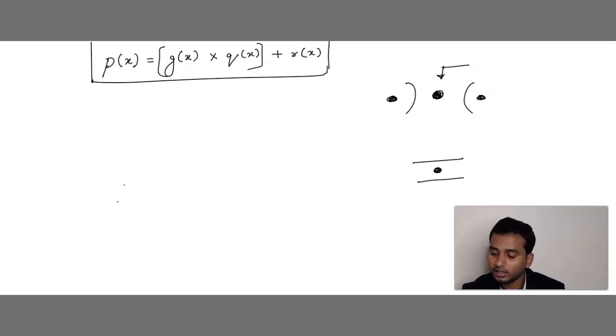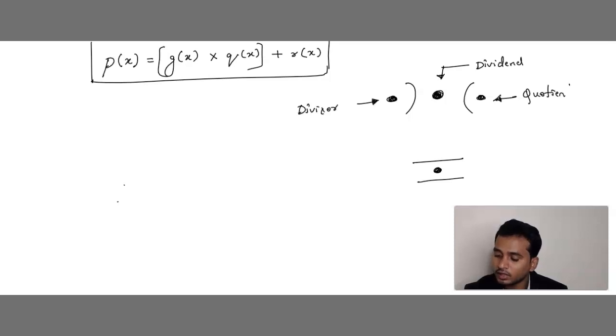Okay, this is usually what we call the dividend, correct? This one we call the divisor, and this term we call the quotient. Similarly, this term we call the remainder. Done?